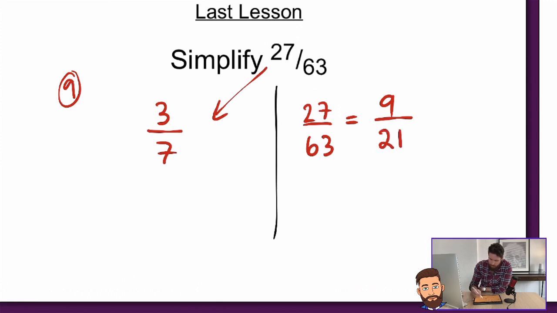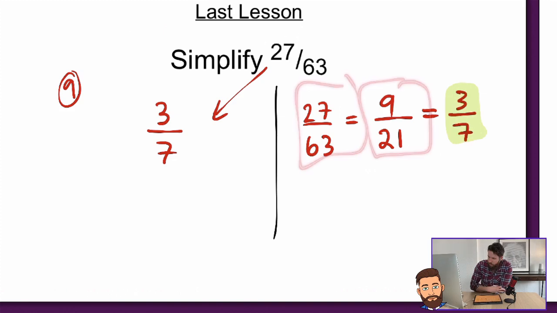And from there you should be thinking, I can simplify this again. Does anything go into 9 and 21? Yes, 3. 3 goes into 9 3 times, and 3 goes into 21 7 times. So, even though we picked a smaller factor for this one, we still got the same answer.